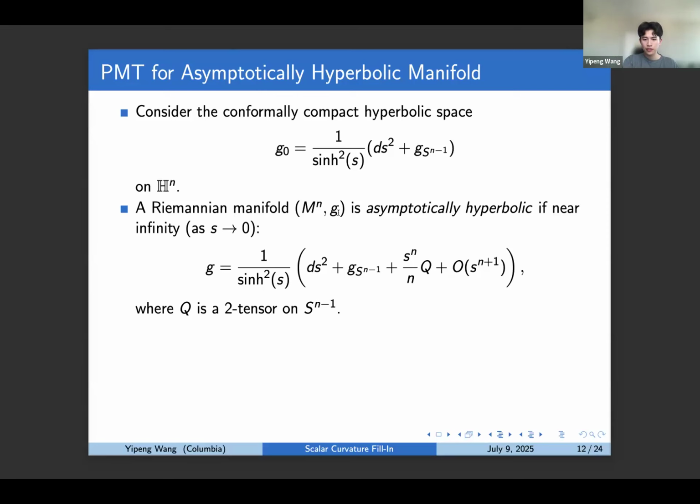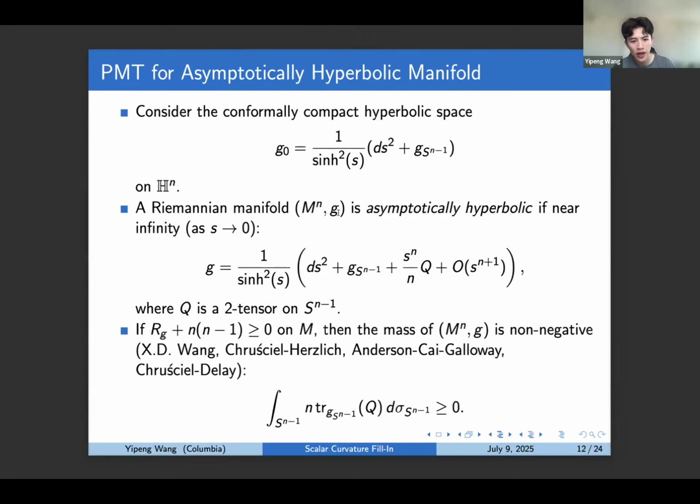And then the positive mass theorem in this case is that if you have scalar curvature at least minus n times n minus 1, then the mass, in this context, is non-negative. So how is the mass defined? You just take the next term, which is this two-tensor Q of your asymptotic expansion. In general, it's not necessarily a multiple of the identity, so you evaluate its trace and then integrate it on the conformal infinity.